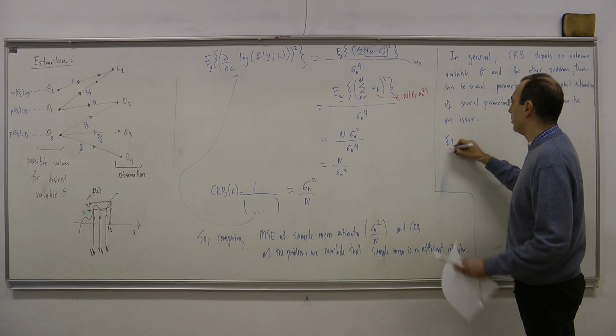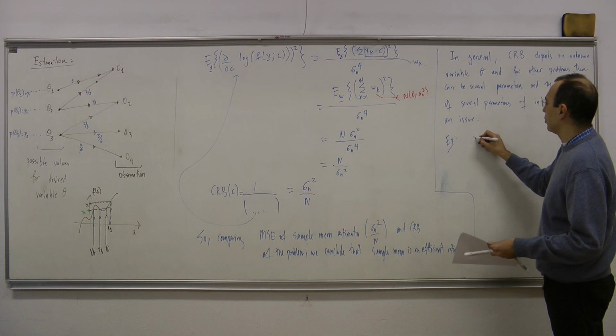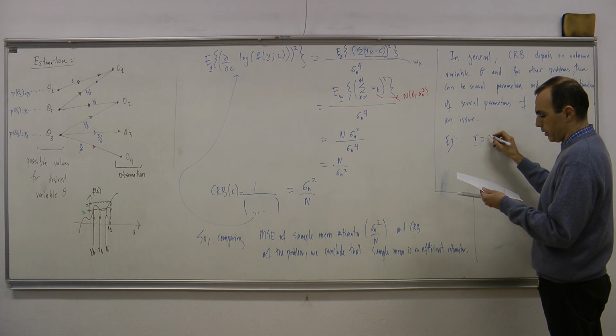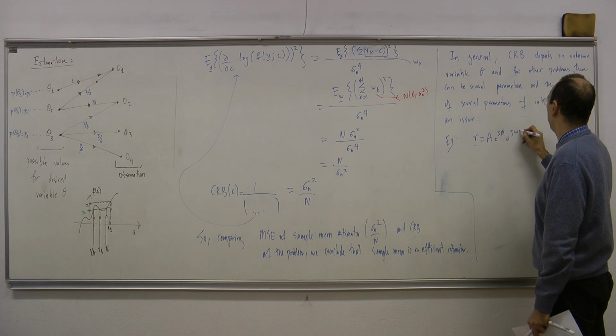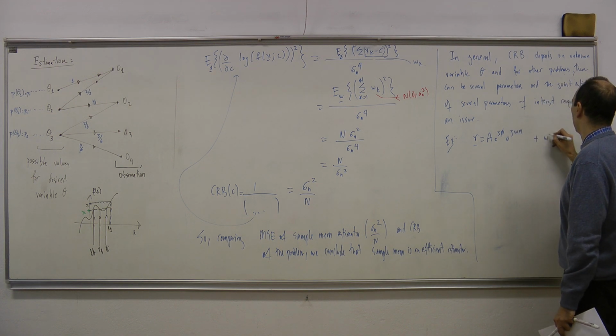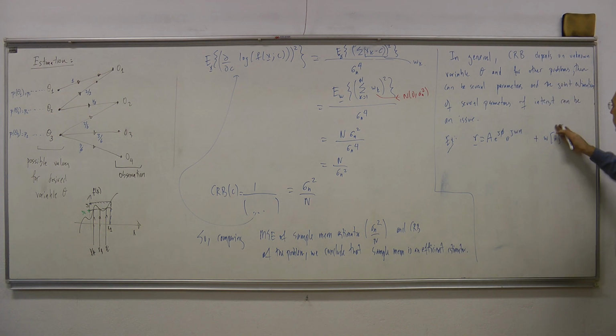So let me give an example, even though this is just a sketch. So let's say that I have such a case, A e to the j phi, e to the j omega n, plus noise, okay, or noise vector. So let's say that this is a Gaussian vector with zero mean and covariance matrix sigma n square I, okay. So this is a noise vector this time.